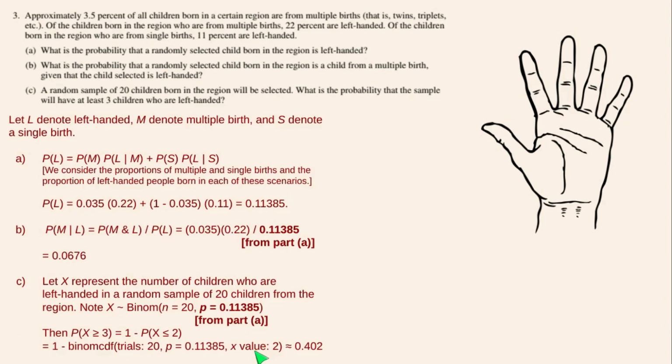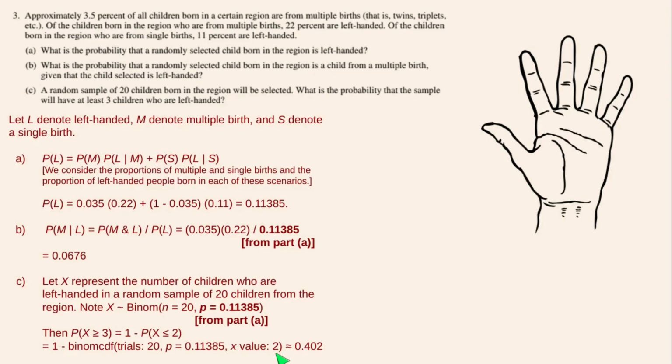We would say trials is 20, probability of success is 11.385%, and X value, where we're going to stop computing probabilities, is 2. So binomcdf calculates the probability of 0 children, 1 child, and then 2 children from the region, all separately being left-handed out of the 20 in total. So what are the odds of each of those 3 events?